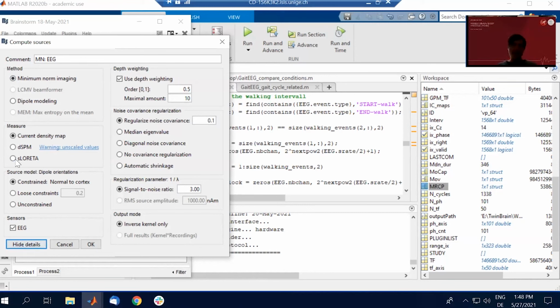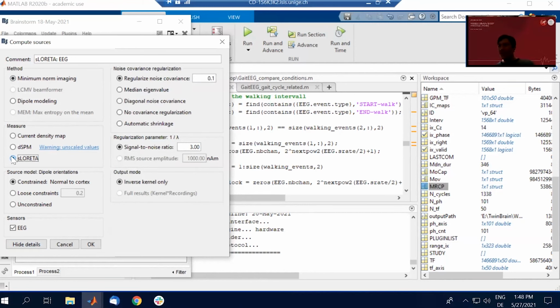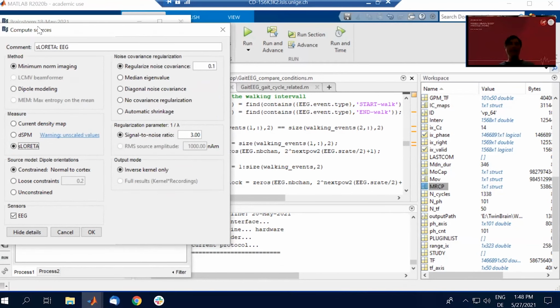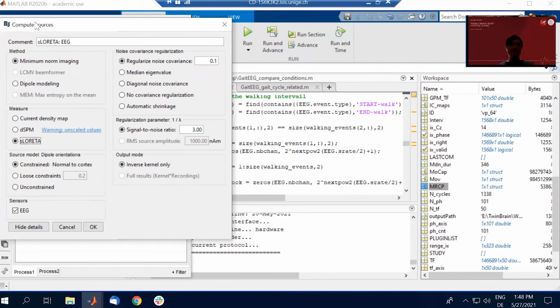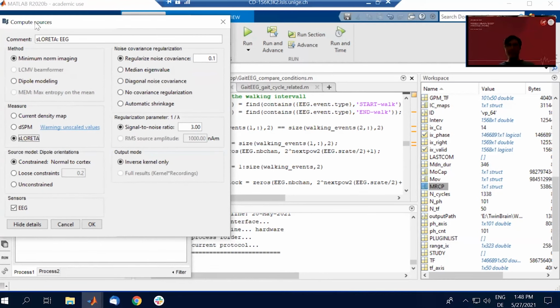And because I'm researching in Switzerland, I like LORETA. It's smooth, and it's a version of what was developed in the Swiss group. And what I also like is not to constrain sources normal to the cortex.